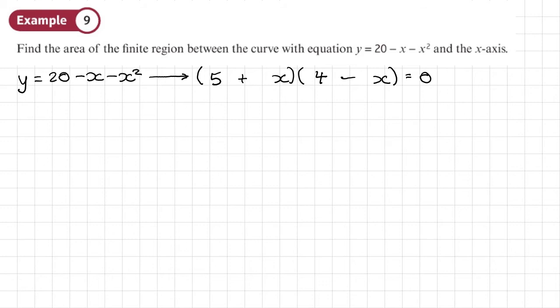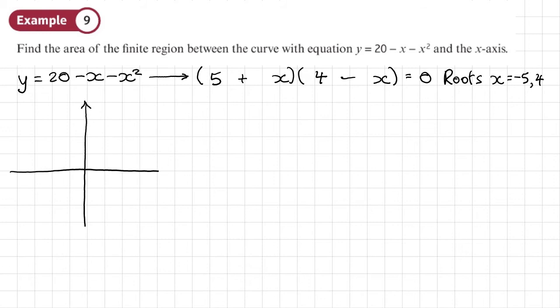Okay, so the roots where this graph crosses the x-axis are going to be x equals negative 5 and x equals 4. Now we don't need a sketch, but I'm just going to draw one so that we can see what's going on.